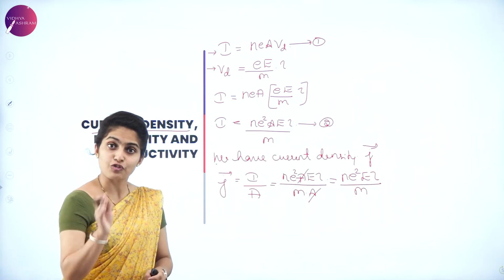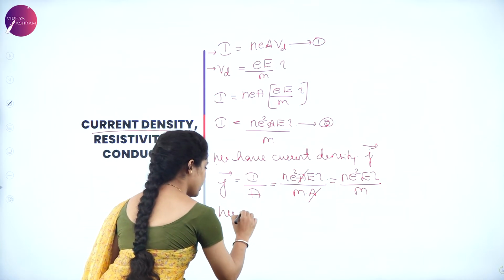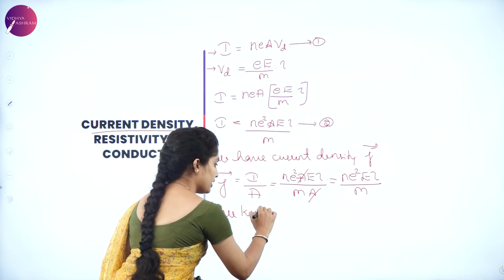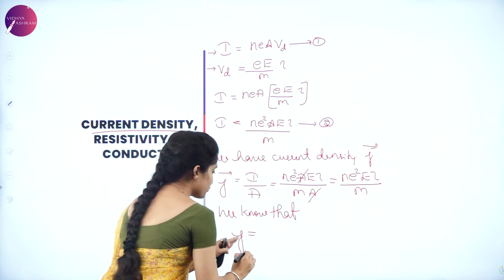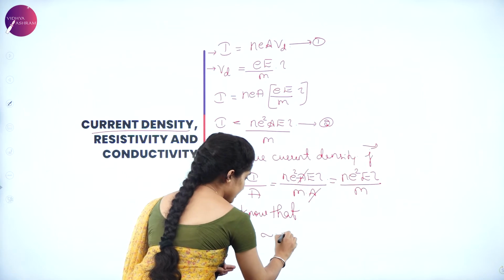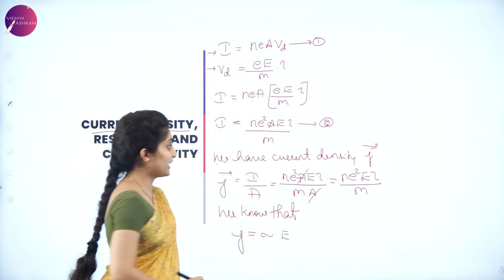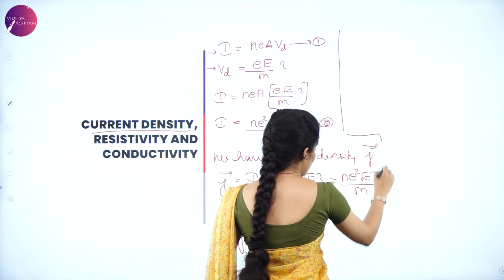Having this equation, we also know that the magnitude of current density is given by conductivity into the electric field magnitude.